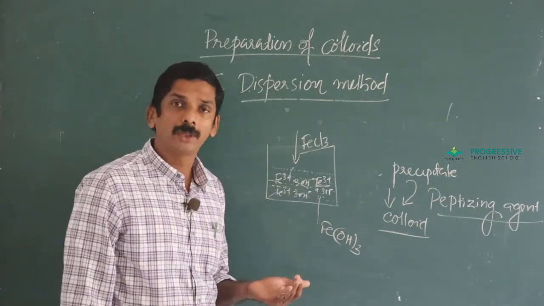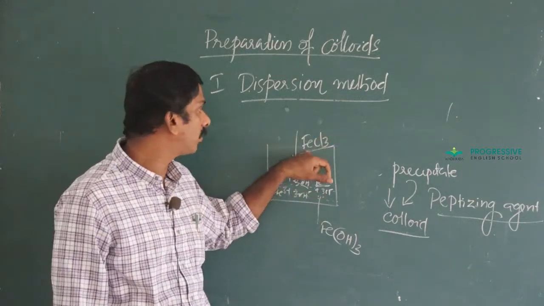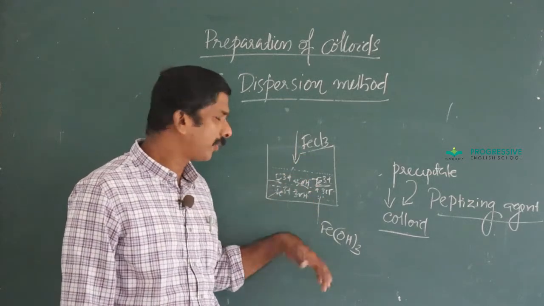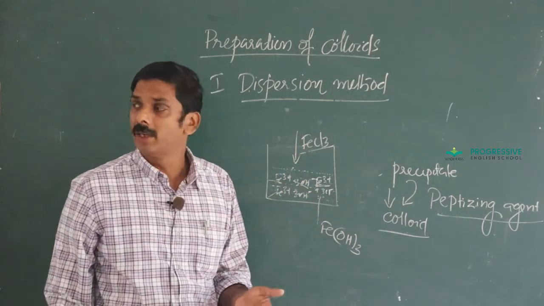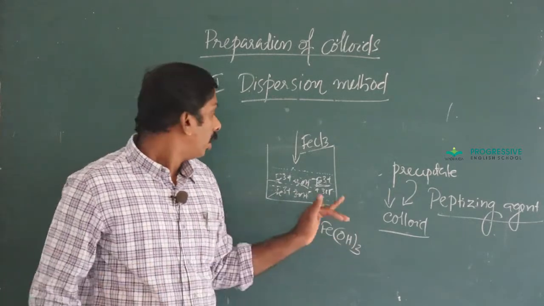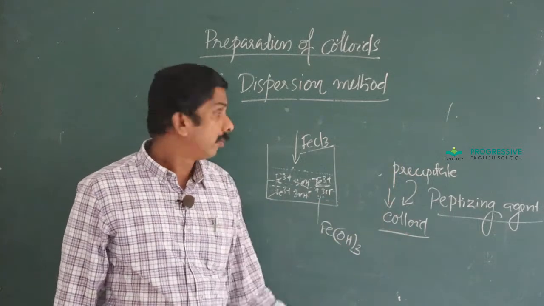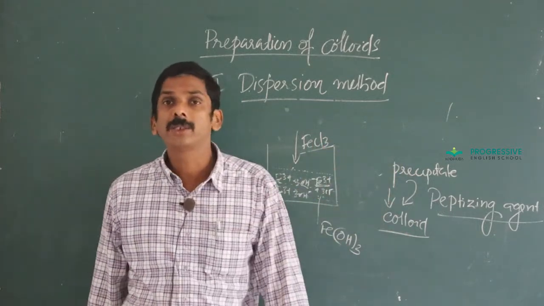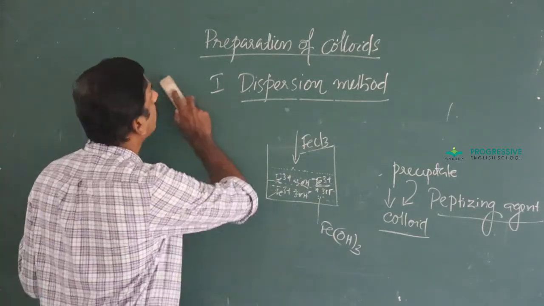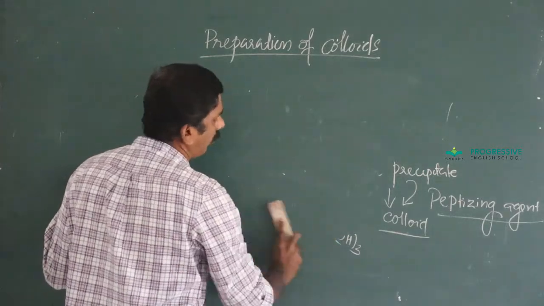It contains Fe3+ ions, and by adding ferric chloride, which provides Fe3+ ions, the concentration of Fe3+ ions increases. As a result, like charges tend to repel each other, and the precipitate disintegrates to form colloid, where ferric chloride acts as the peptizing agent. That is the dispersion method.